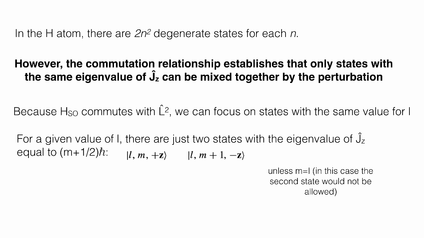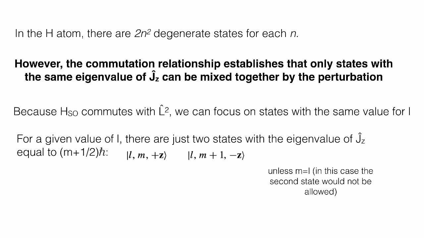Because Jz is Lz plus Sz, and in the first case, this is m plus 1/2. In the second case, Lz is m plus 1 and Sz is minus 1/2, so we end up with m plus 1/2. So in both cases, we have m plus 1/2 and m plus 1/2.